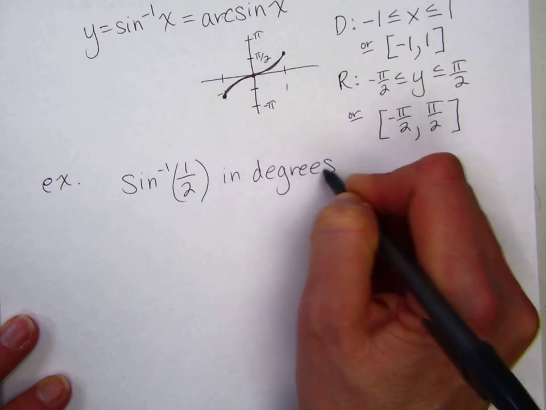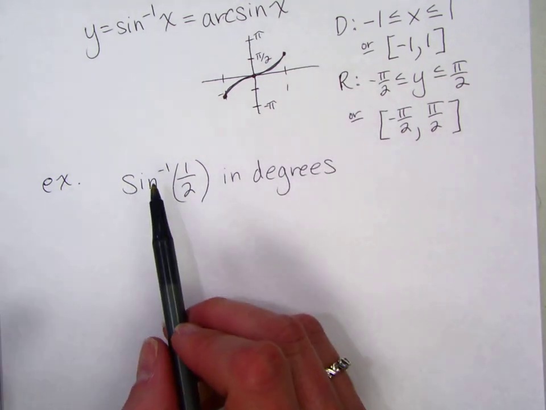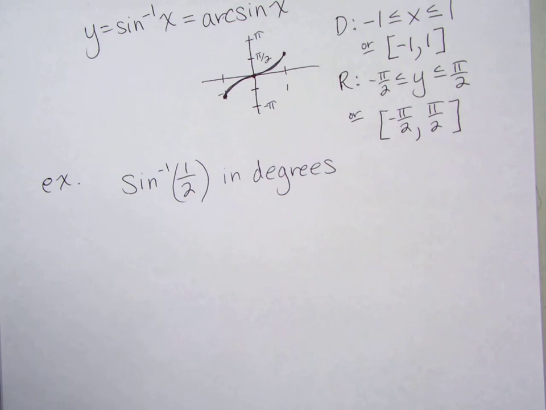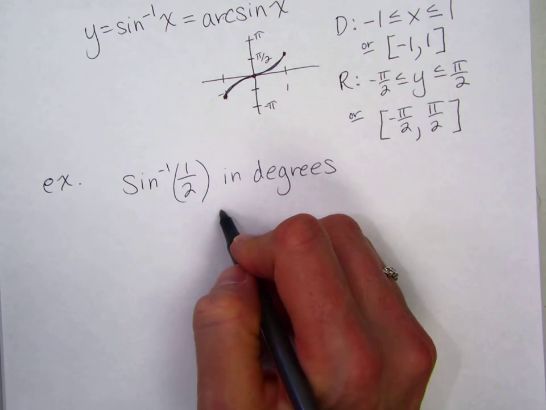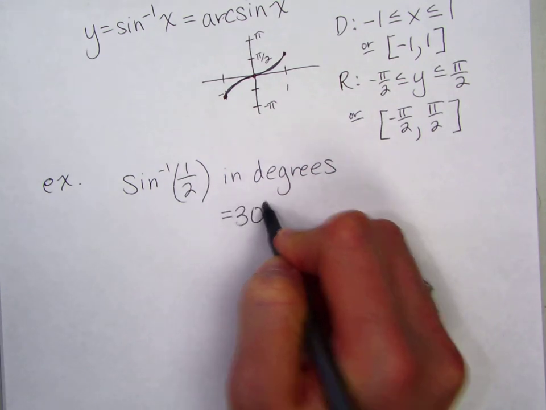Remember that whole inverse thing, that's what it does. It finds you an angle. Be able to tell me what the inverse sine of a half is in degrees. Did you get 30? All right, 30 degrees.